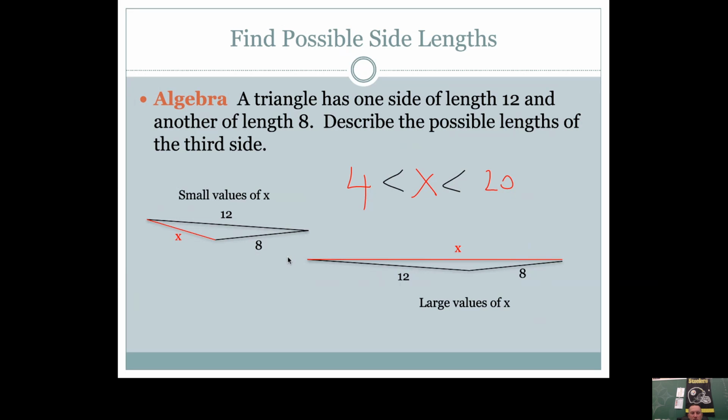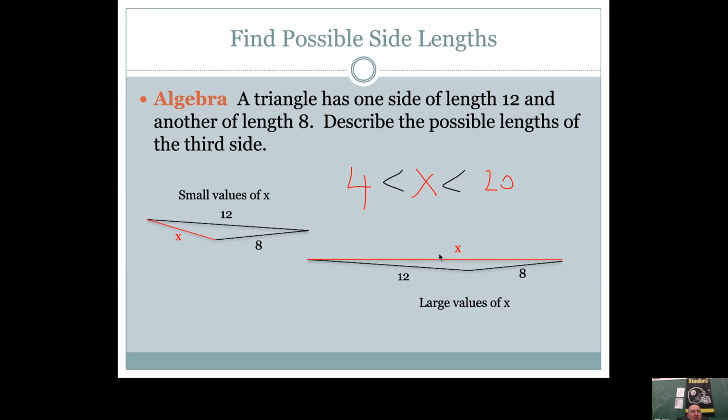What if x was 4? If x was 4, 4 plus 8 is not bigger than 12. X cannot be 4. It's got to be bigger than 4. So like 4.1 or 4.7 or 4.03, those answers work. It's bigger than 4, not bigger than or equal to.